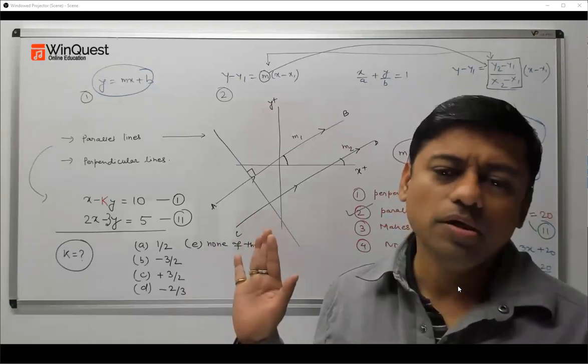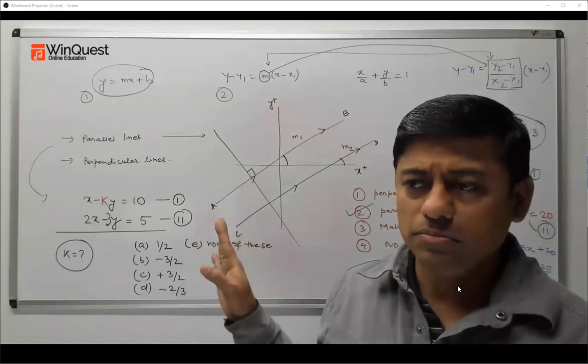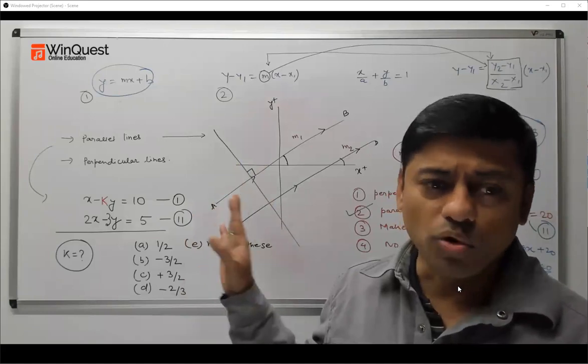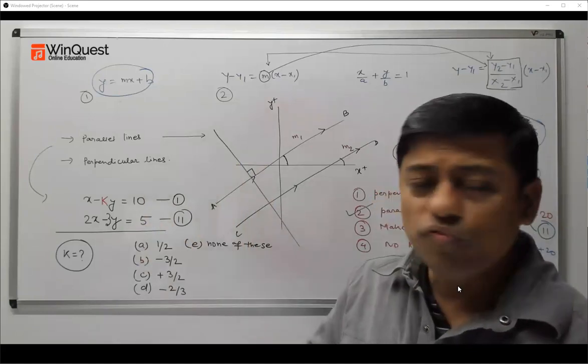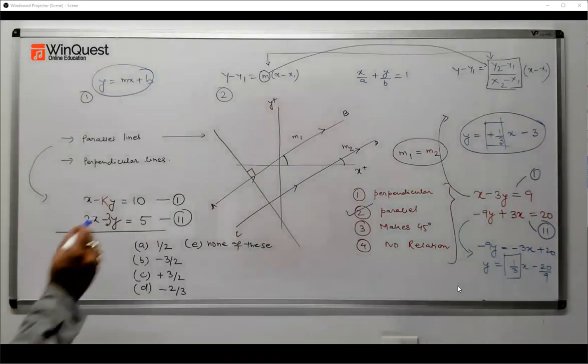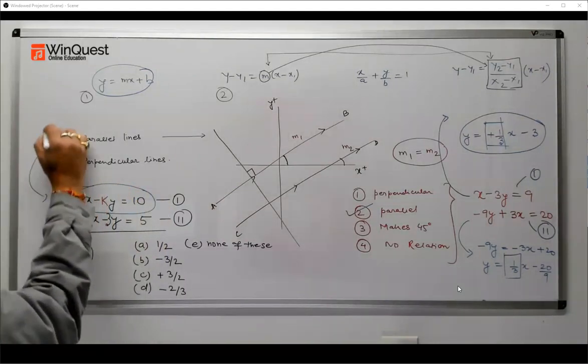Guys, hold on. If the lines are parallel, their slope will be same. Yes, sir. The slope will be same. If I want to find out the slope value for this particular line, I am going to put this in this format first.